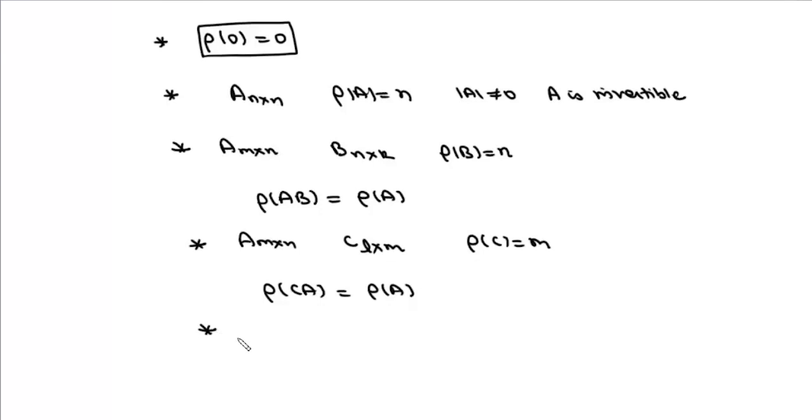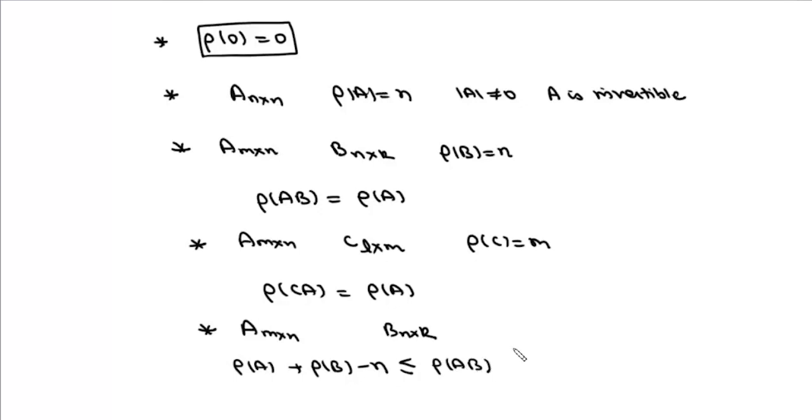And the next one is, if A is a matrix whose order is m cross n and B is a matrix whose order is n cross k, then rank of A plus rank of B minus n is always less than or equal to rank of AB.